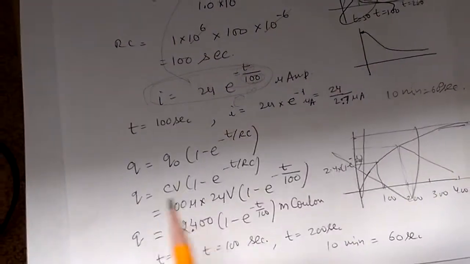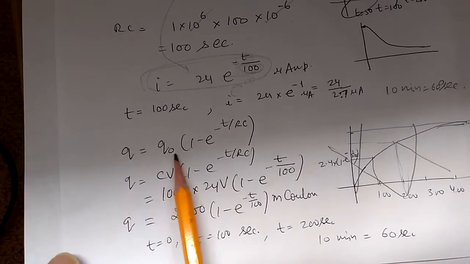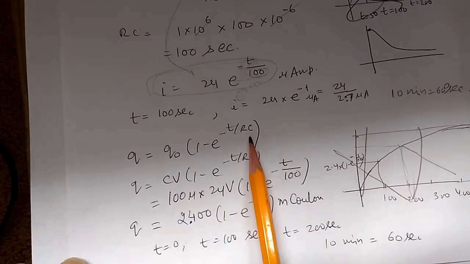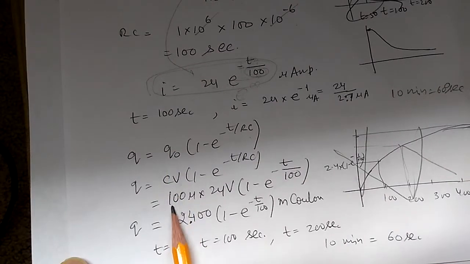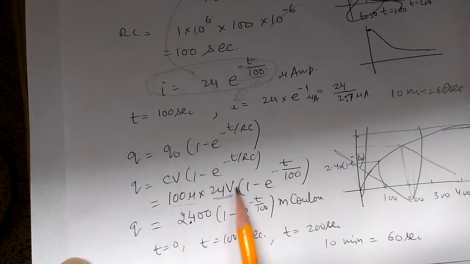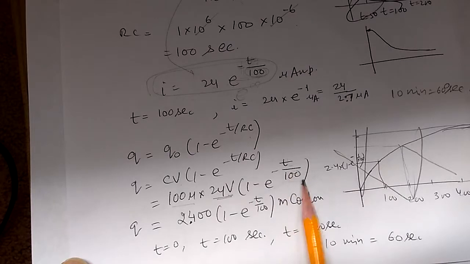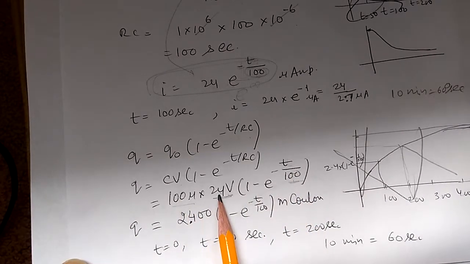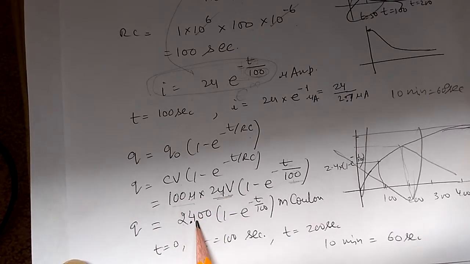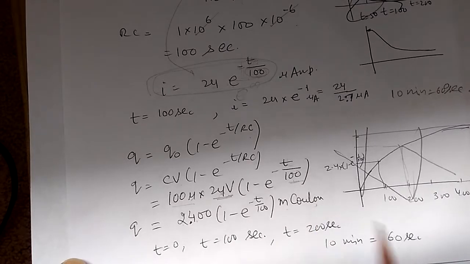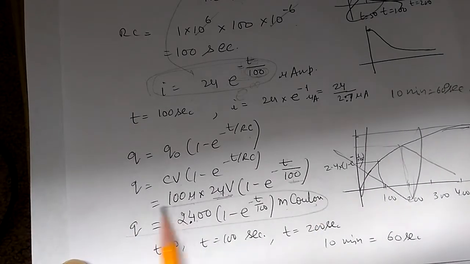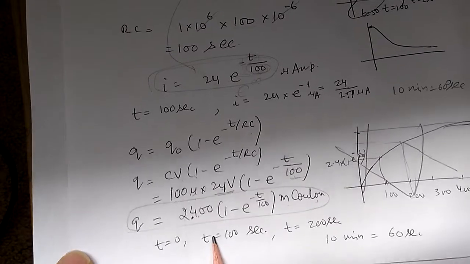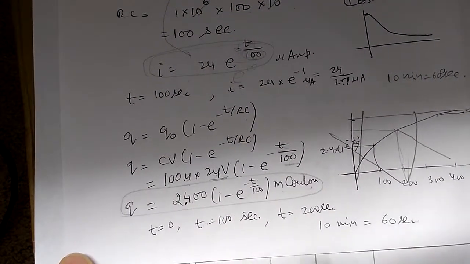To plot the value of Q with respect to t, we know that Q is equal to Q naught times 1 minus e to the power of minus t by RC. Q naught is CV, where C is 100 microfarad and V is 24 volt. RC is 100. 100 into 24 is 2400, and with micro it becomes 2400 microcoulomb, or 2.4 millicoulomb.